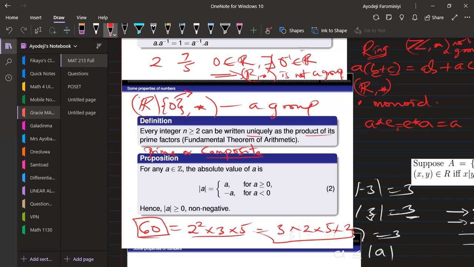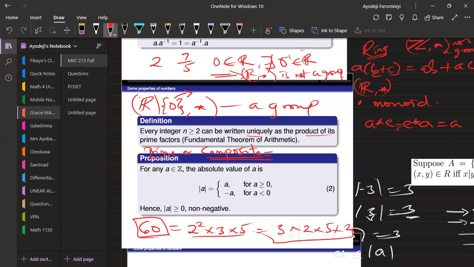Okay, a number that is not prime, you are right. Composite means I can break it down. So every number greater than 1 is either prime or composite. And if it is composite, then we can write it uniquely as a product of its prime factors.